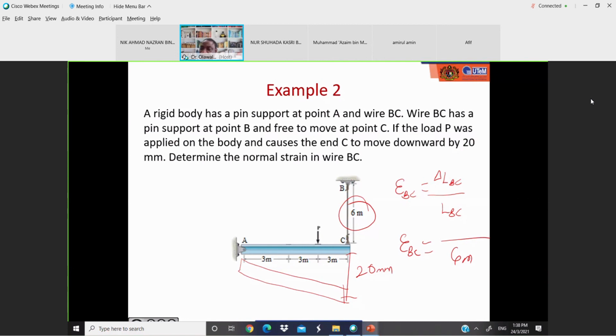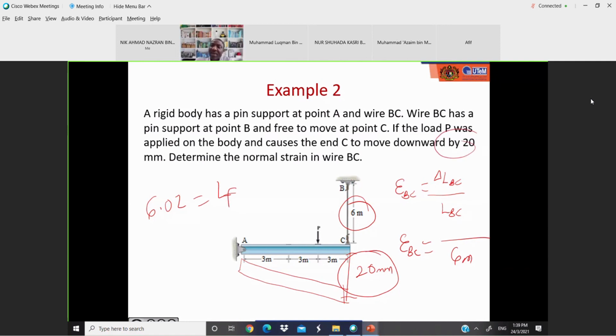Is it 6.02? No, that is the final length. 6.02 is your LF. Your change in length is just 0.02 because it's going down 20 mm. That is the change in length.